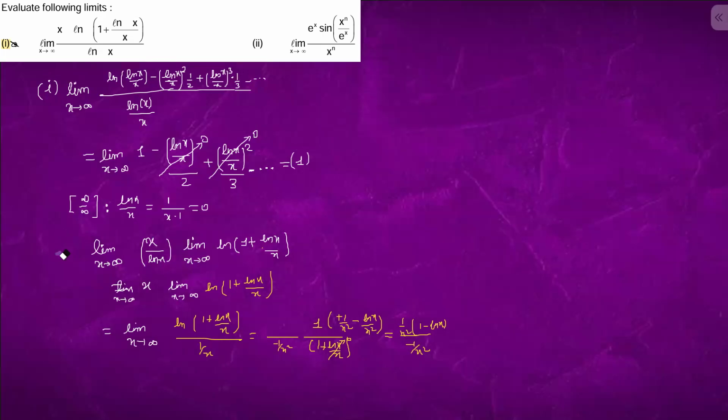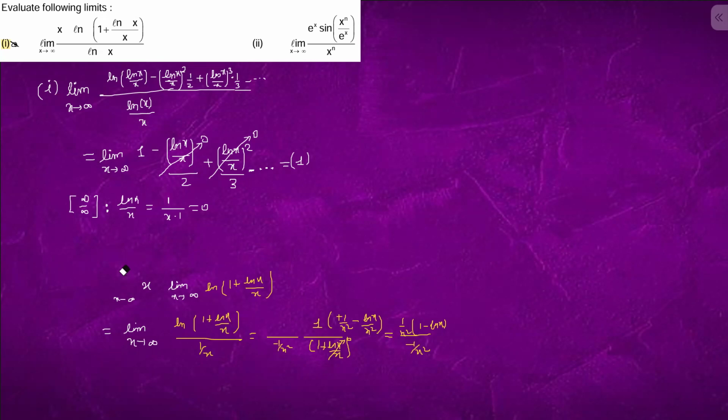So we are going to follow only method 1. Method 1 is correct.